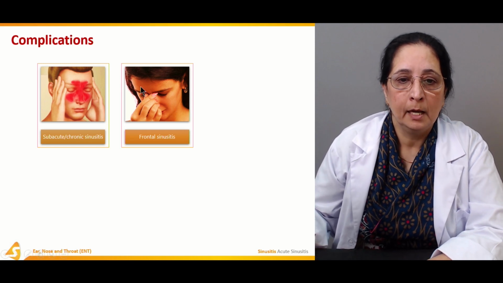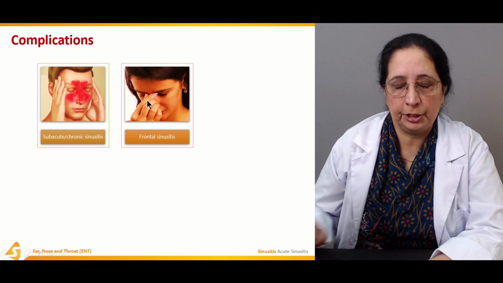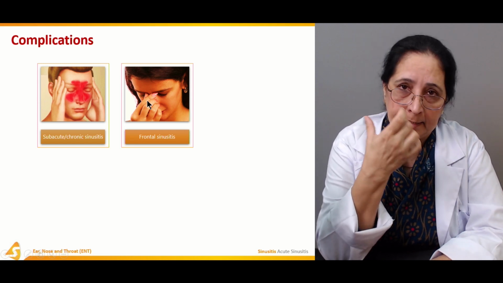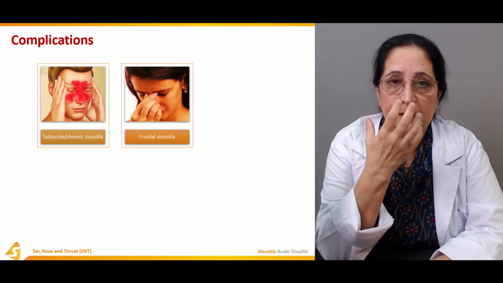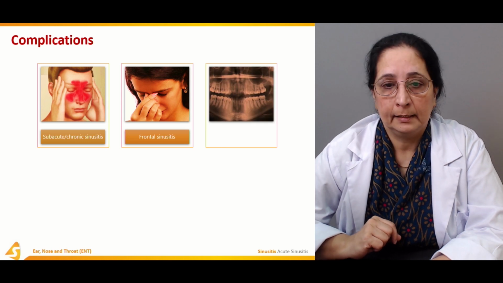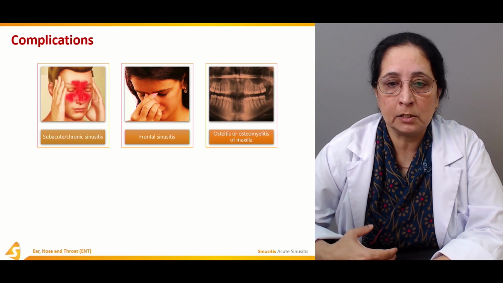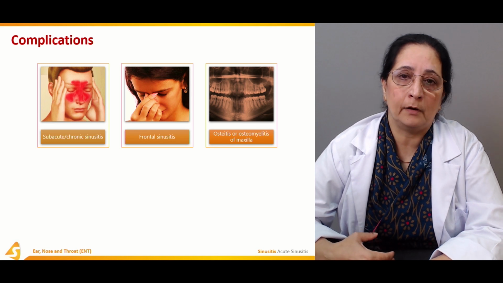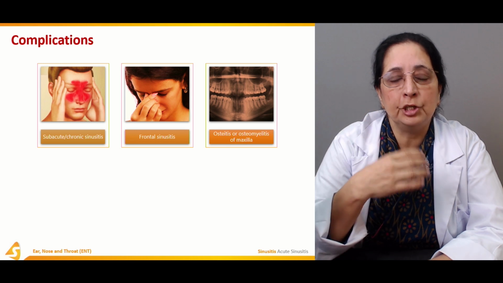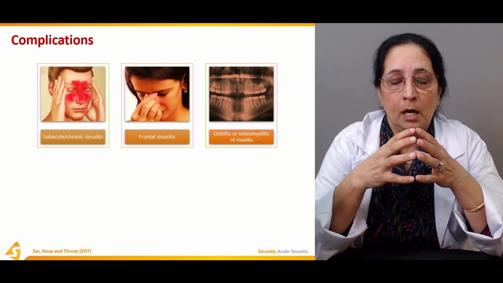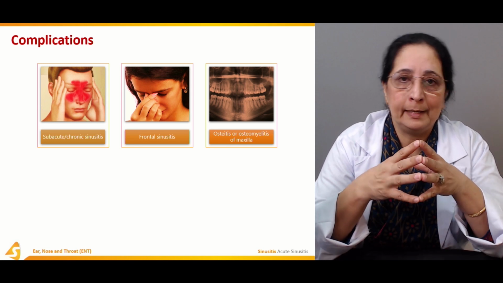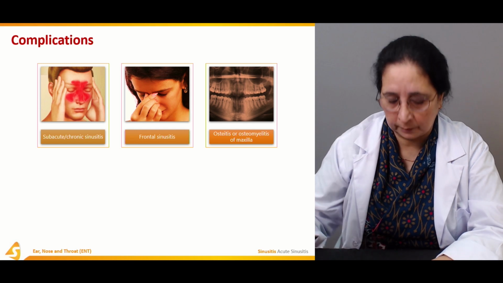A very typical presentation of the patient: they have stuffiness of the forehead, so they keep their fingers like this, and that is very suggestive of frontal sinusitis. Then there is osteitis or osteomyelitis of the maxilla. When the infection spreads to the bone or the bone marrow, it can cause osteomyelitis or osteitis of the maxilla.